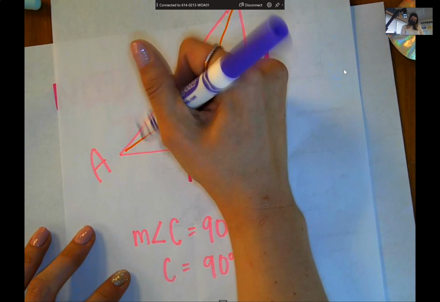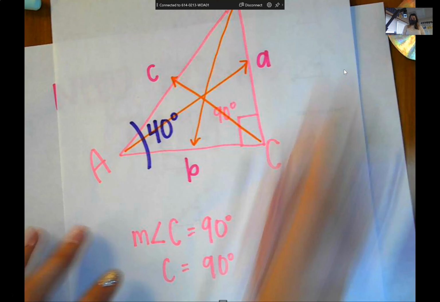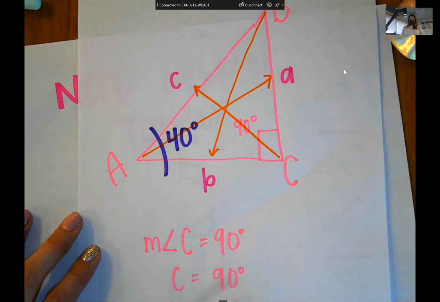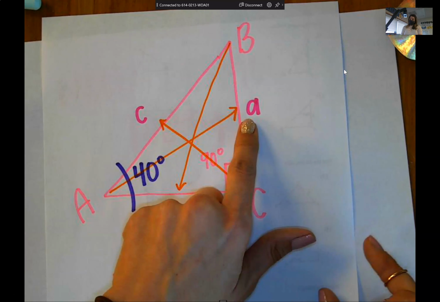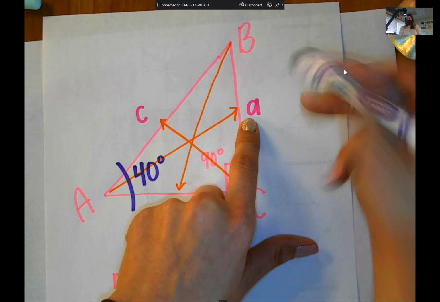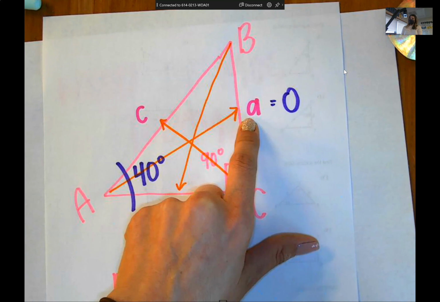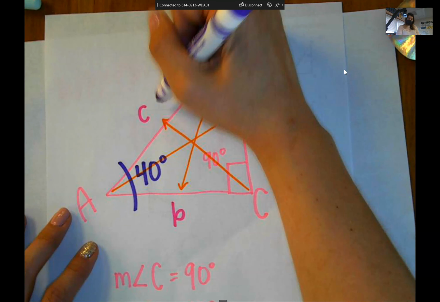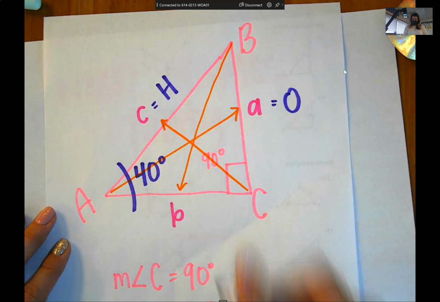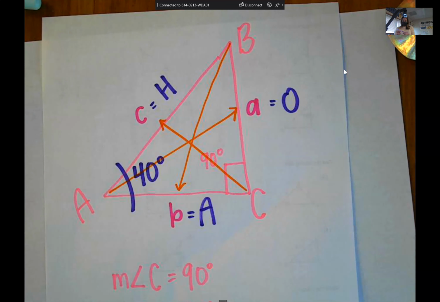If I tell you that this angle is 40 degrees and I mark it, so I've now marked angle A, that not only makes this side little a, but you could also think about it as the opposite side. And C is also the hypotenuse. And little b is also the adjacent side.